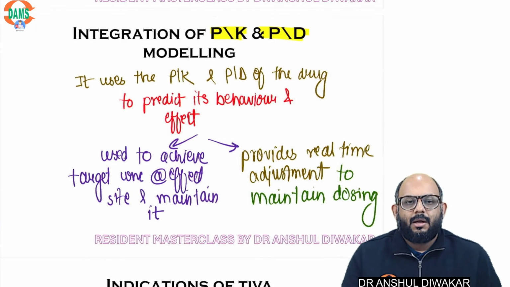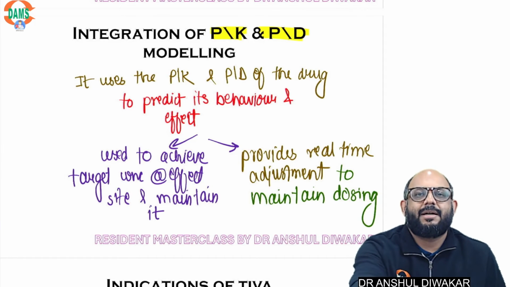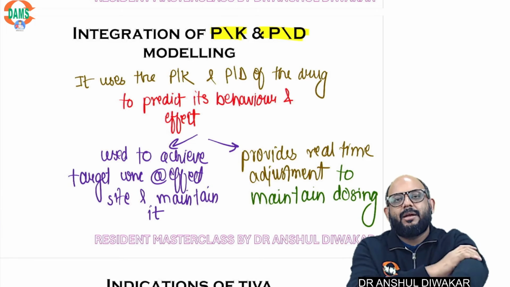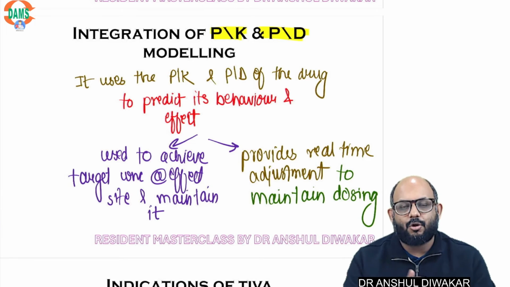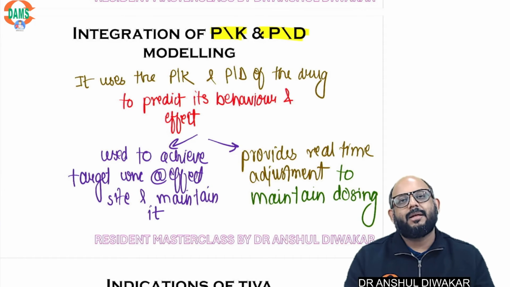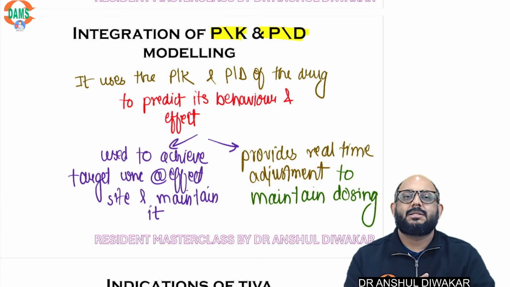All right. So this is about the basics of TIVA and TCI. Basics. Look, all these are talks of the air. Ultimately, it is all mathematics. TIVA TCI is a topic that actually is not for the anesthetist. It is all about mathematics. And if you open any article, you see there is a lot of mathematical modeling and big equations that are being given.